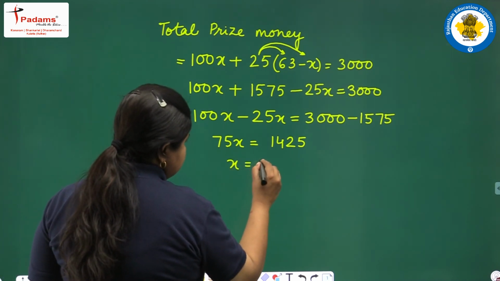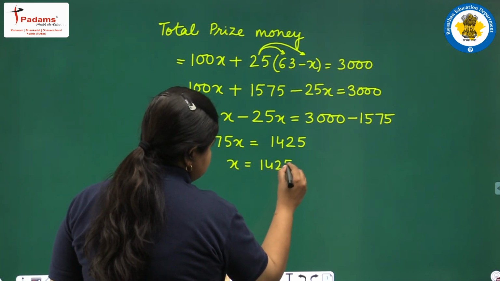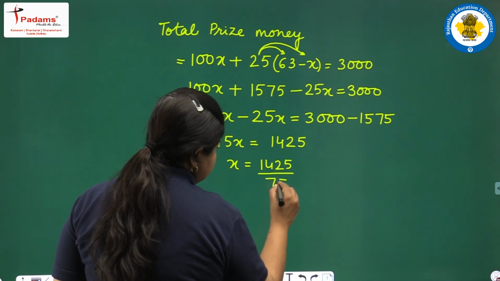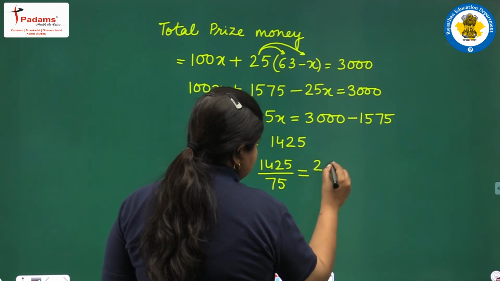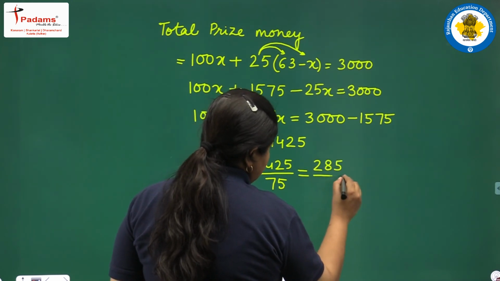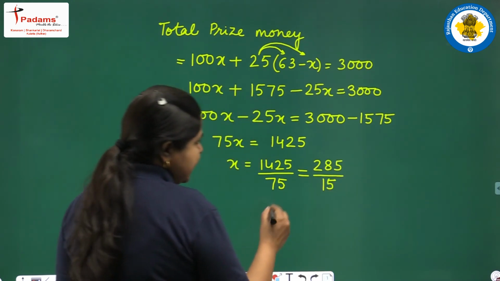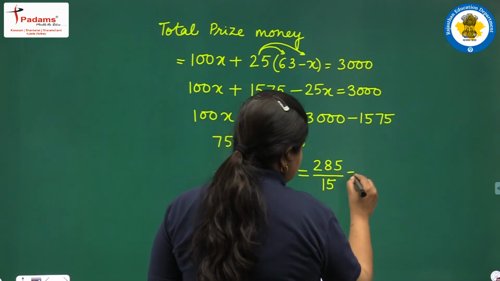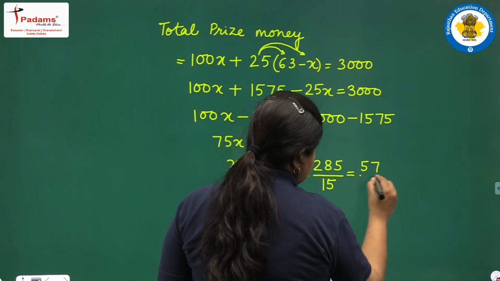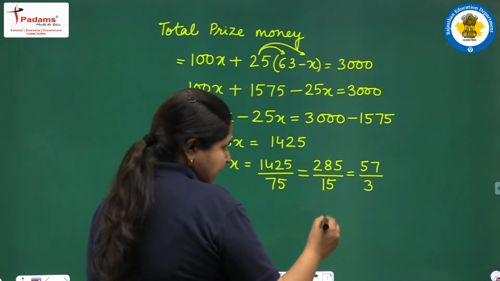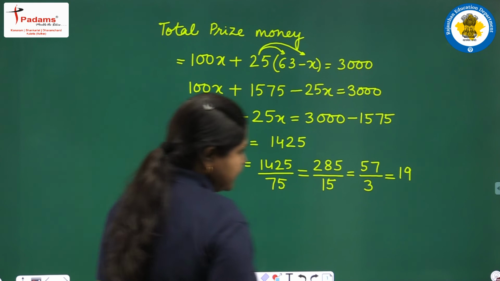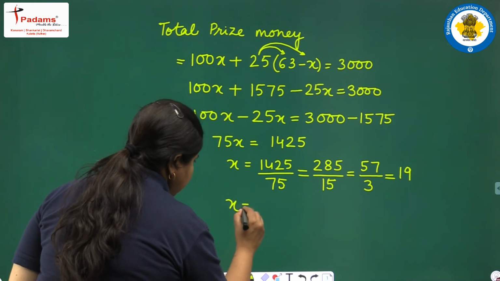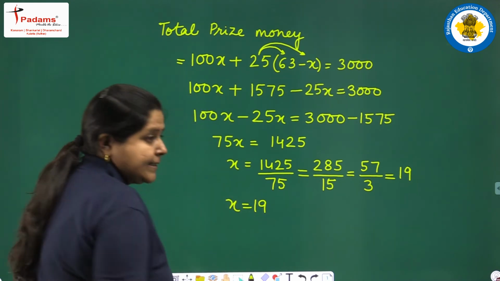Then x will be 1425 upon 75. We can easily cut by 5. This will give us 285 upon 15. Again divide by 5. This will give you 57 upon 3. And this will again be equal to 19. So we got the value of x as 19.